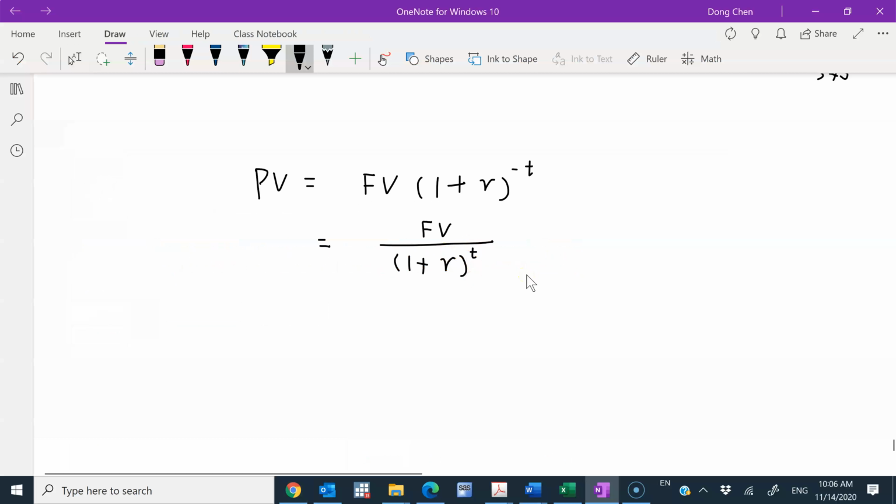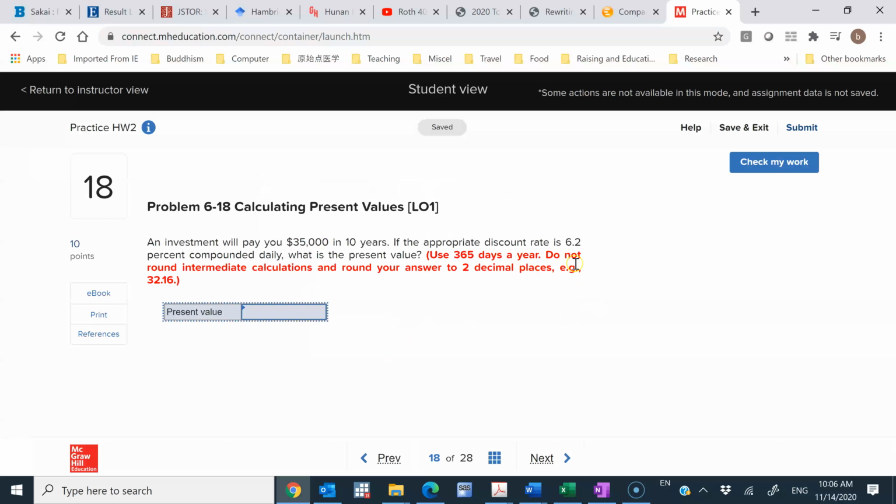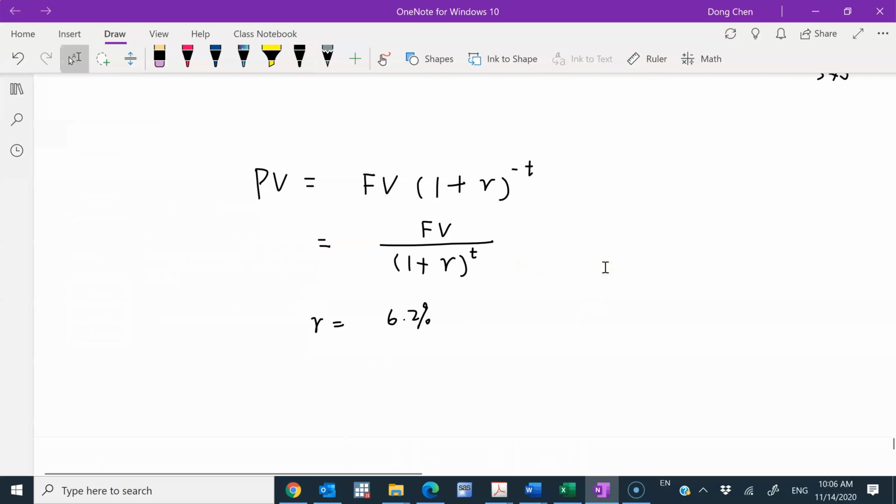And R, as we said, is 6.2%. This is the APR, and then we should divide that by the number of days within a year, which is 365.